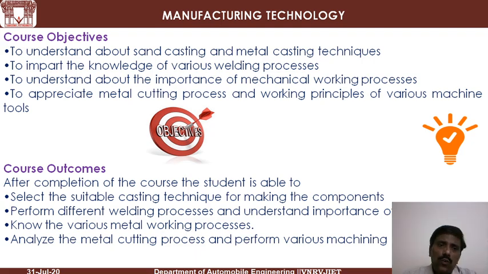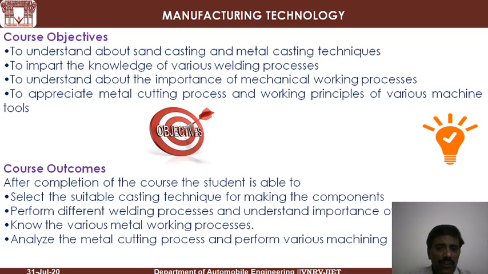So what are the course objectives for this? The objectives are to understand sand casting and metal casting techniques, to impart the knowledge of various welding processes, to understand the importance of mechanical working processes, to appreciate metal cutting processes and working principles of various machine tools. These are the objectives.